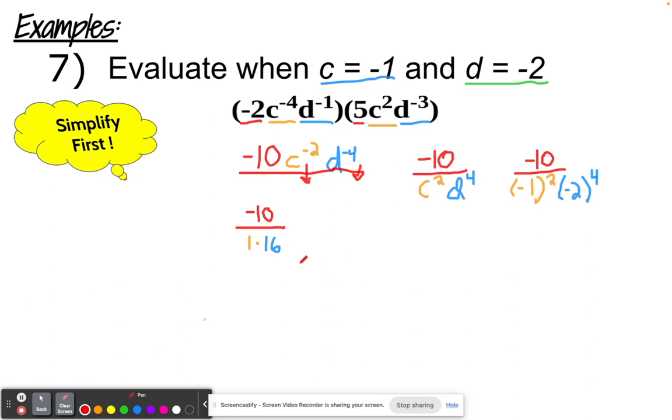So I will be left with -10 on top, and 1 times 16 is just 16 on bottom. And lastly, I can simplify. I can divide them both by 2, and I will have -5/8. So this big, long mess I have here is just -5/8.